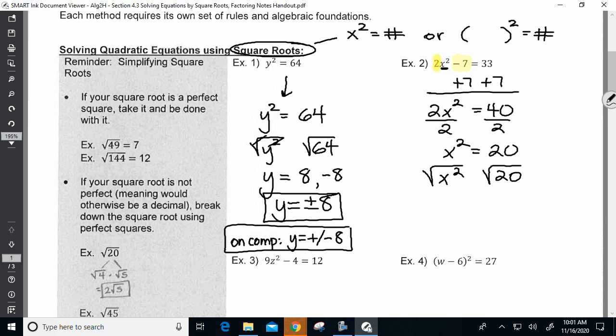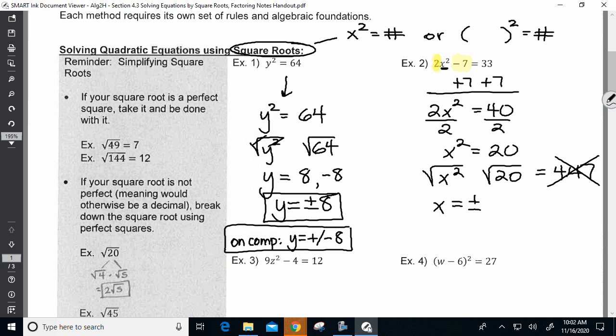Square and the square root drops out, so that's x equals plus or minus the square root of 20. So 20 is a problem. That's not a perfect square. Don't fall for the trap. If you put 4.47, go ahead and mark the problem wrong yourself. You're not allowed to give the decimal answer unless it's a word problem.